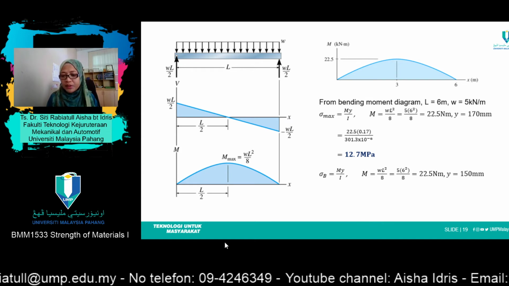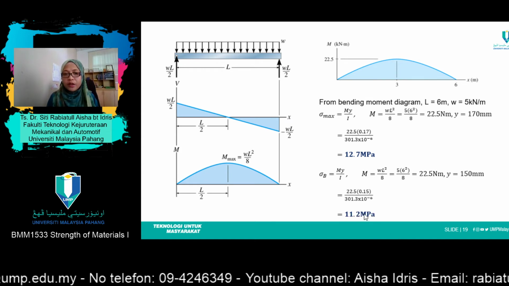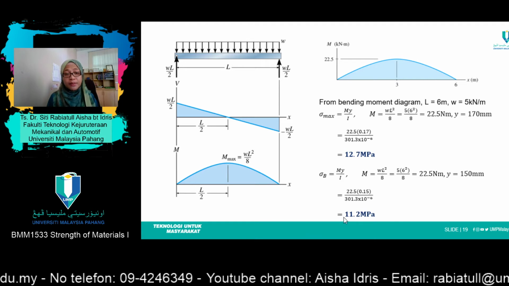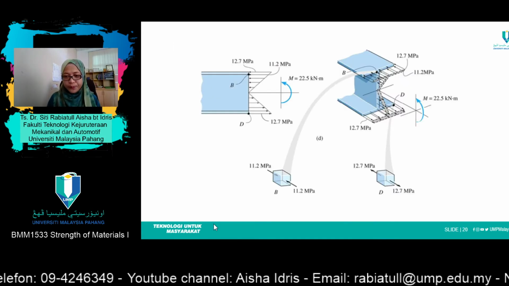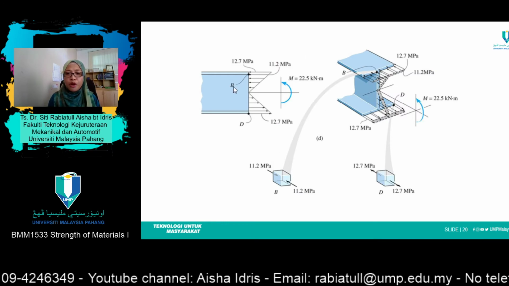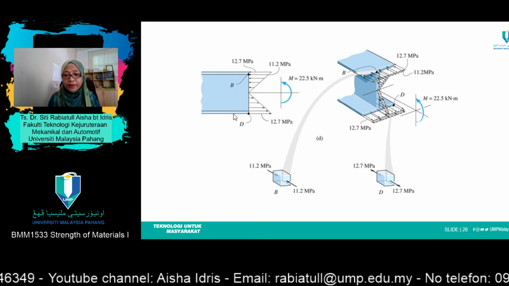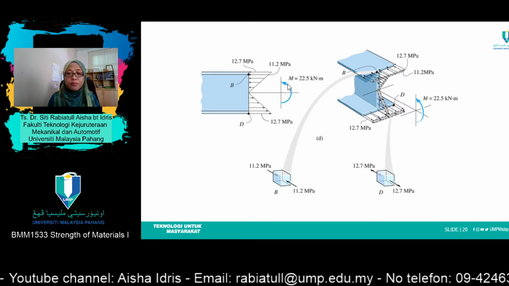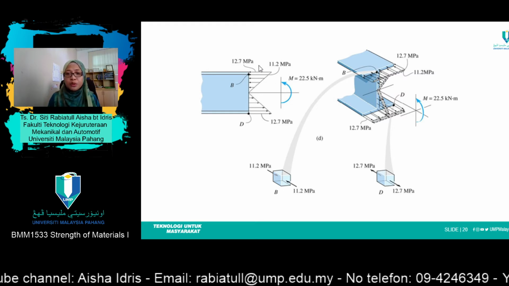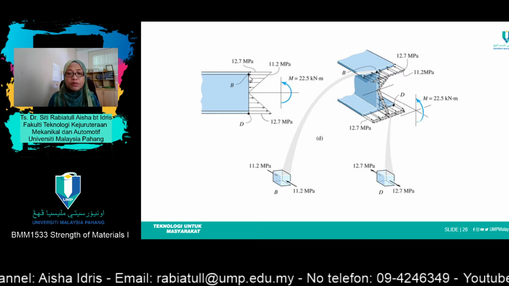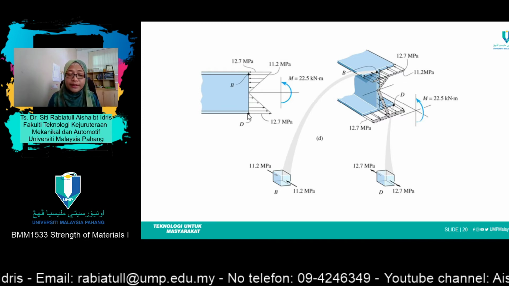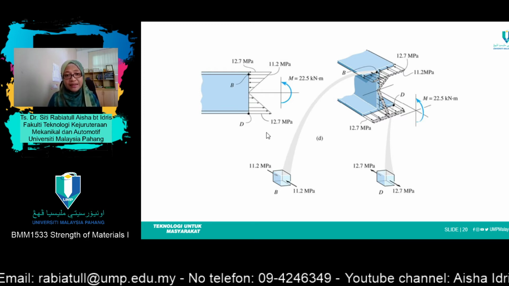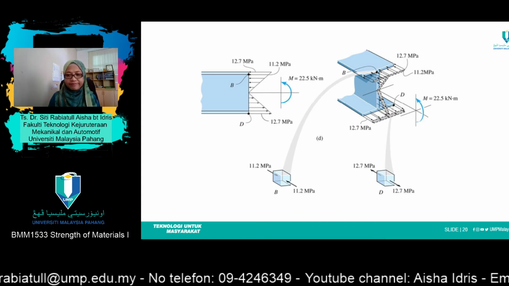So just substitute the value, and you'll get the stress at point B is 11.2. From there, you draw its stress distribution here. The moment is moving counterclockwise, so what happens is that point B will suffer compression stress, and point D will suffer tension stress.